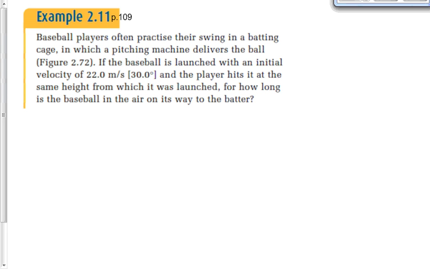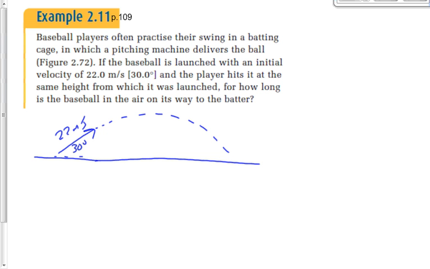So the ball is being launched from this pitching machine at 22 meters per second at an angle of 30 degrees. Now, it's not from ground level, but we know that it's ending up at the same level that it started. So whether it's ground level or bat height or whatever, it doesn't matter if it ends up at the same height that it started.